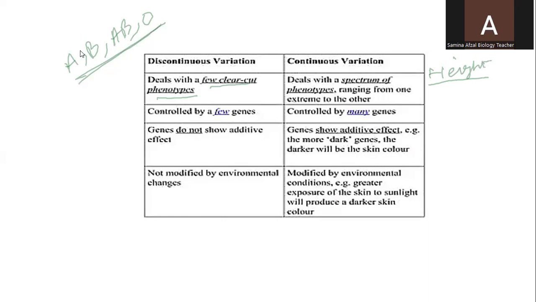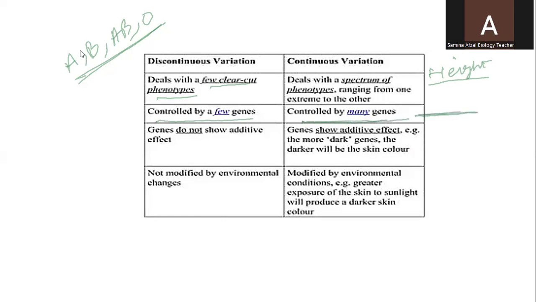There can be many differences in height generation after generation. The discontinuous variations are controlled by few genes, whereas the continuous variations are controlled by many genes.